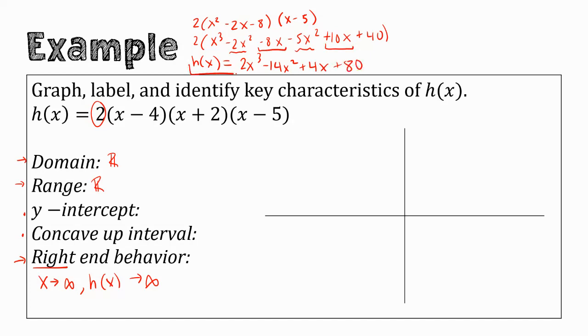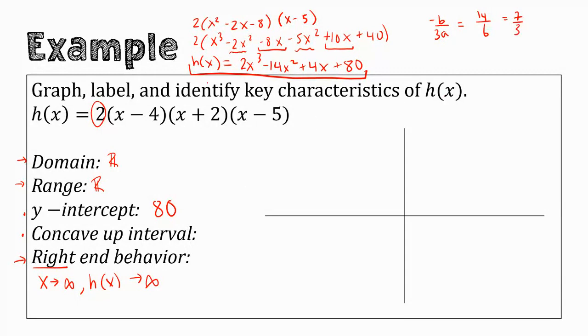And so this would be standard form of h of x. Notice I didn't forget h of x equals. So my y-intercept is going to be 80, or I can write (0, 80). I'm not writing y equals 80. For concavity, I'm going to do negative b over 3a. So negative b, 14, over 3 times a, 6. So 7/3.